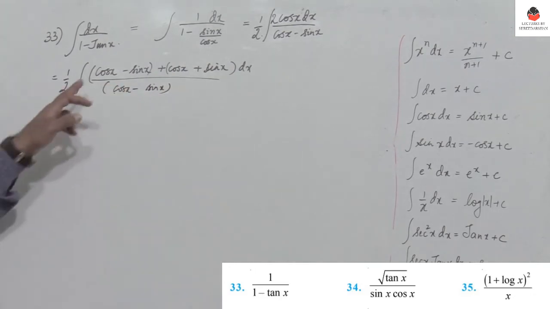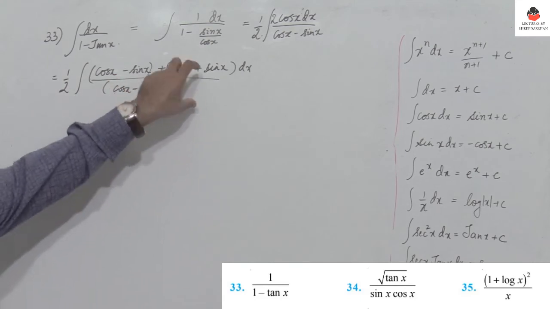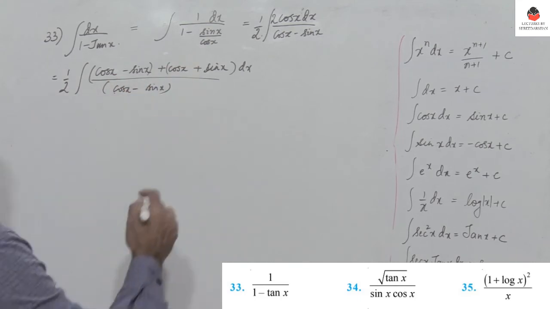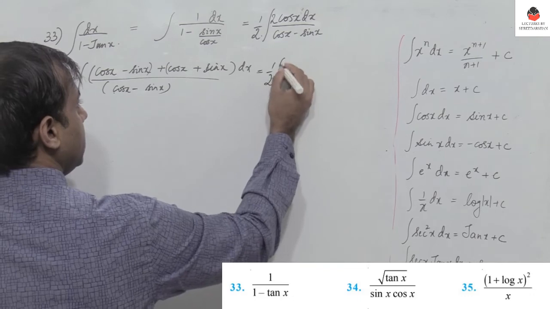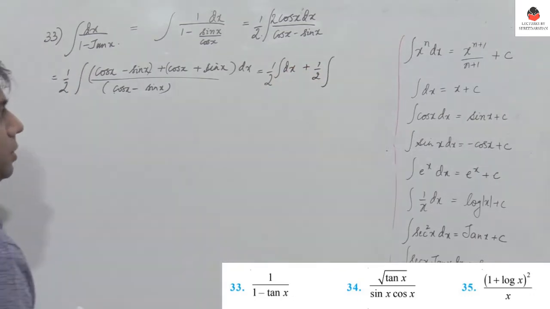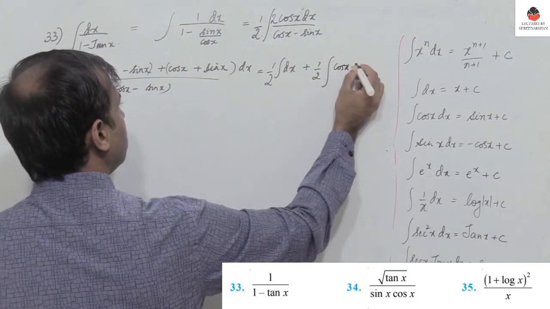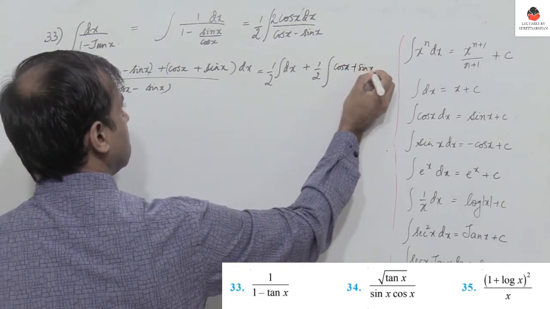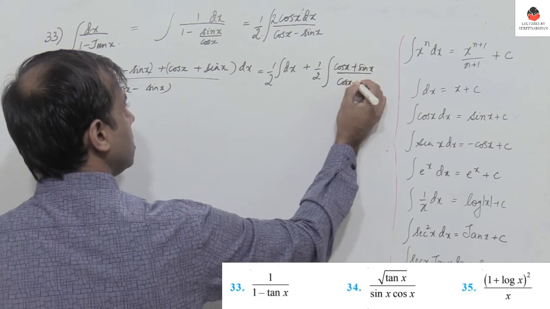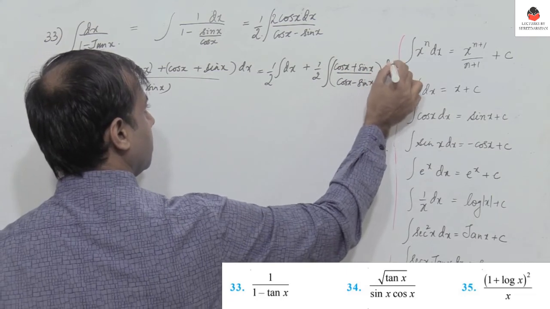So now cos x minus sin x divided by cos x minus sin x is 1, plus I have this term. So you get 1 by 2 integral dx plus 1 by 2 integral of (cos x plus sin x) divided by (cos x minus sin x) dx.